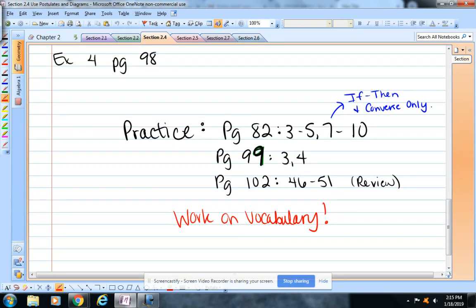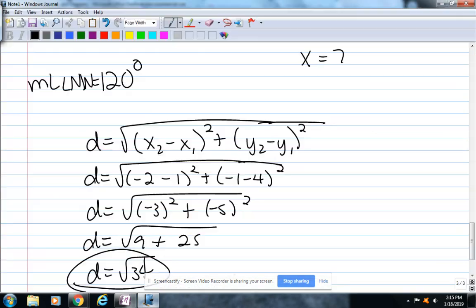There's one. Don't forget vocabulary is due Tuesday. There you go. Have a good one. You too. Have fun teaching yourself.